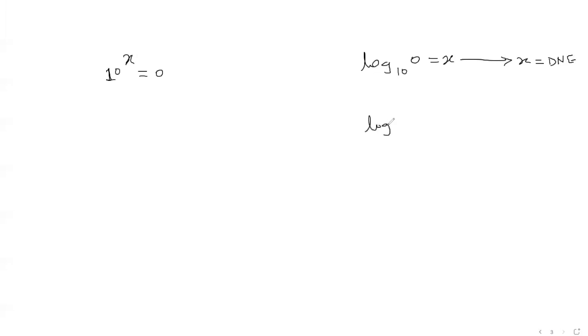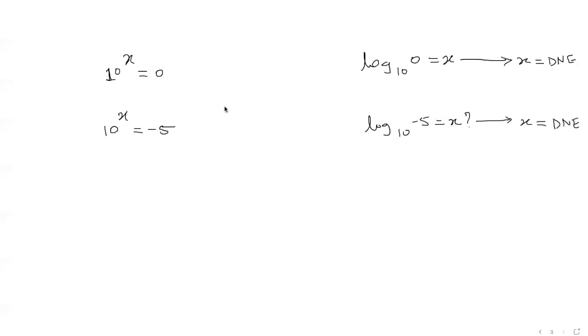Now, what if I write log of minus 5 to the base 10? And what is the x value here? So we are essentially asking 10 to the power what will give me negative 5. Now understand that no matter what, I will not get any power that I can raise 10 to get a negative number. That will never be negative. So this also does not exist.